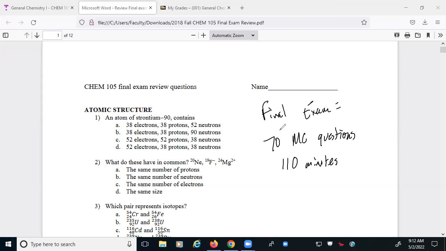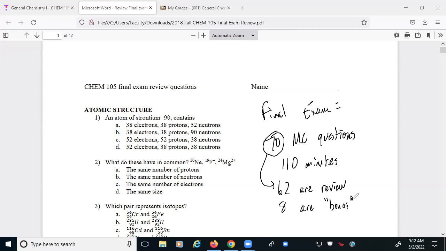Now, of those 70, I've already told you that about 62 are reviewed, stuff we've talked about this semester, and 8 we are going to consider as bonus.